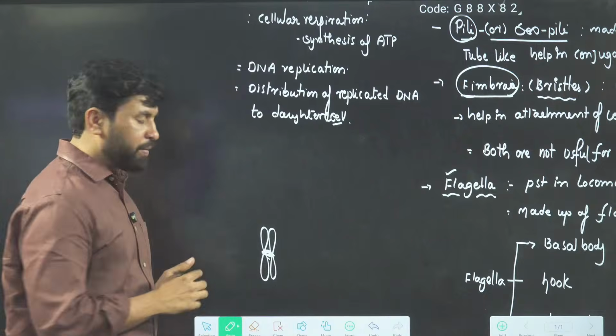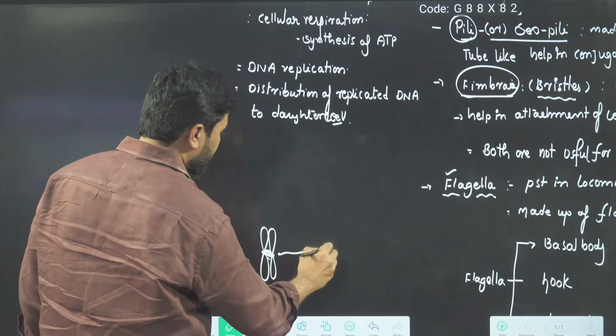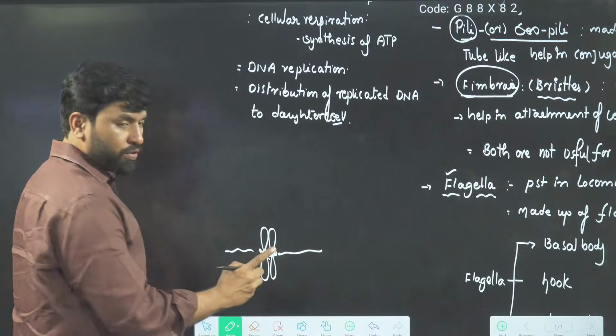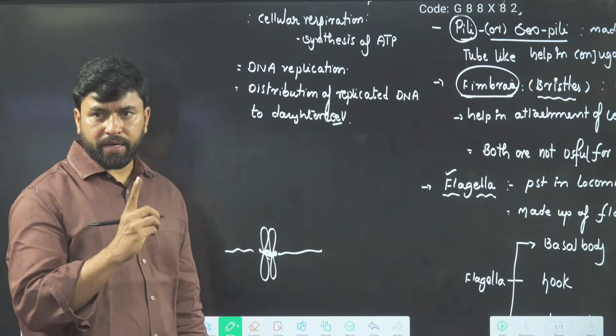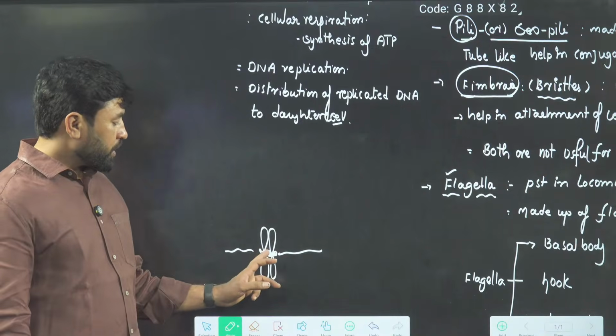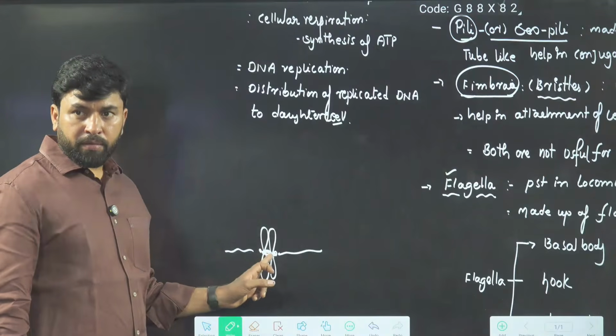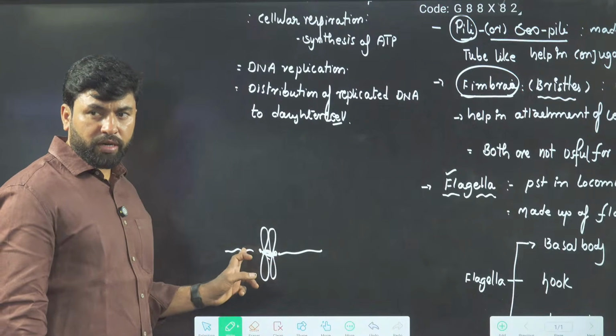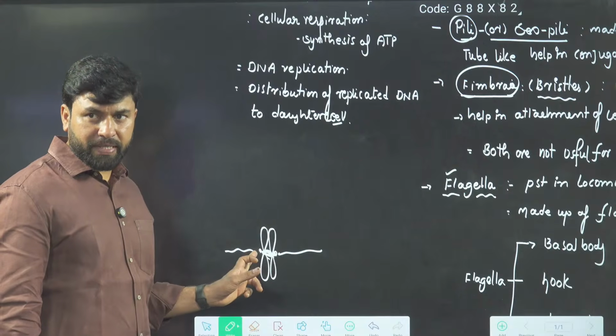There will be a phenomenon called spindle fiber attachment. On each centromere, both sides, one kinetochore on one side and another kinetochore on the other side will be present.